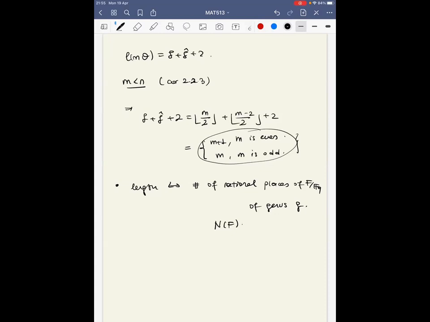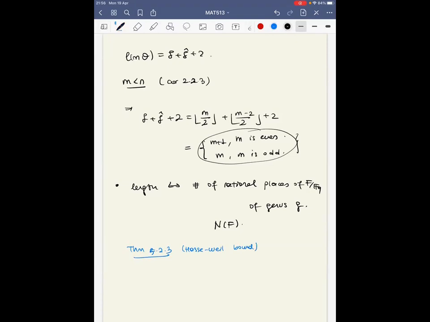And indeed, this is quite a difficult question, I mean, to compute the number of the rational places of a function field or of an algebraic curve, because as the genus grows, the number of the places increases. But at least we have an estimation, which is indeed a famous theorem, called the Hasse-Weil bound.